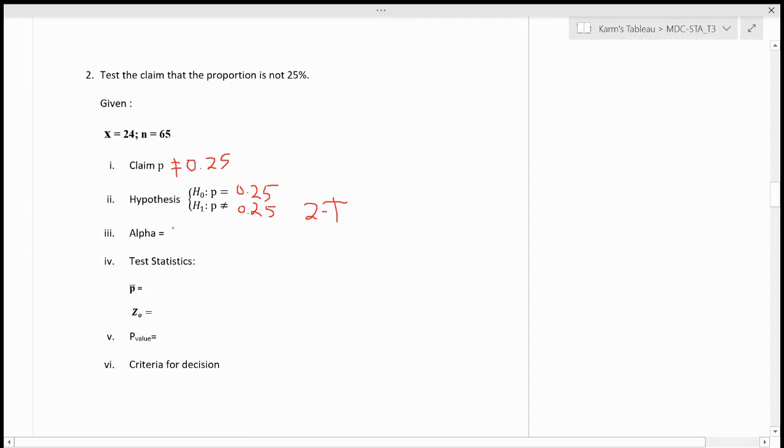So alpha will be 0.05 because I did not give it to you. Then this is p hat, not p bar. P hat, what is p hat?